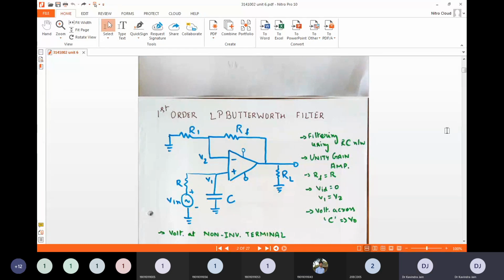For a first order low pass filter, calculate R for FC equal to 2 kilohertz and C equal to 0.005 microfarad.